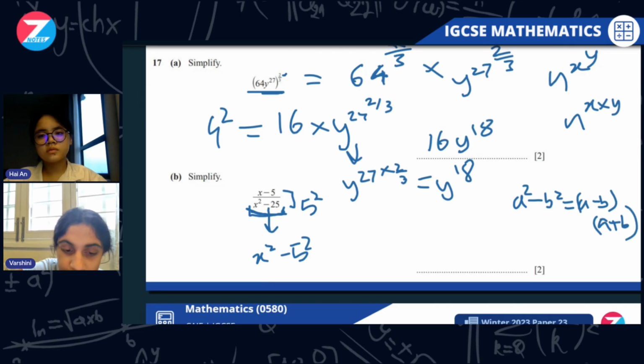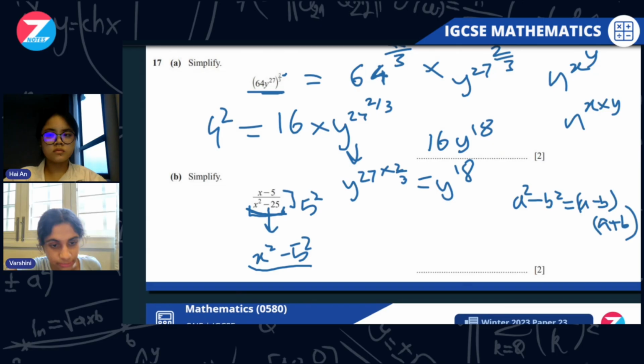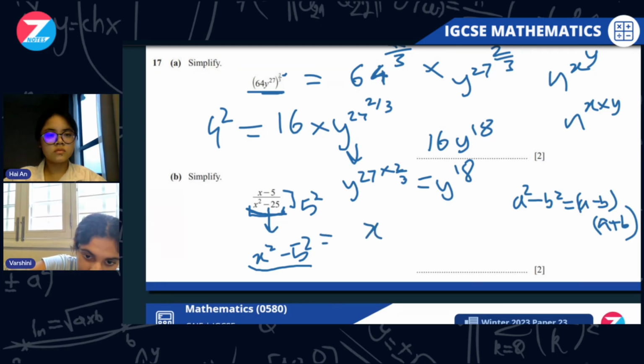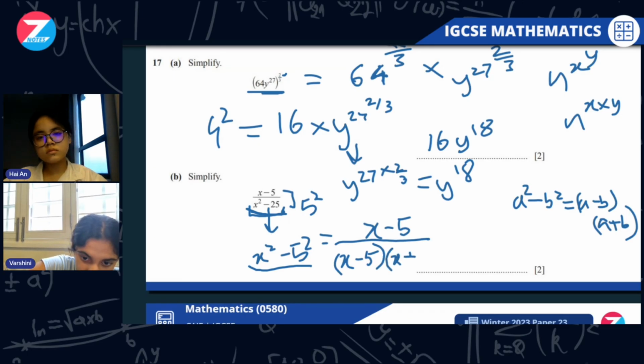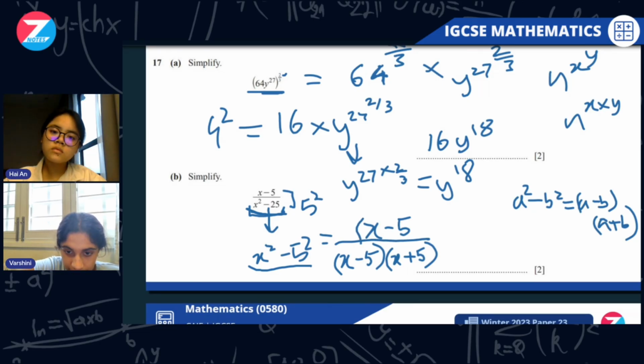Now we can use this formula to tell us that this is nothing but x minus 5 into x plus 5. So rewriting the entire fraction, we're going to get x minus 5 on the top divided by x minus 5 into x plus 5. And we can also see two repeating things, x minus 5 in the numerator, which also comes in the denominator. That means we can cancel them both out because we're dividing.